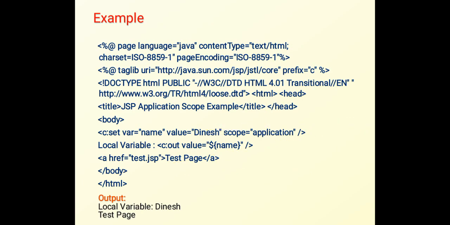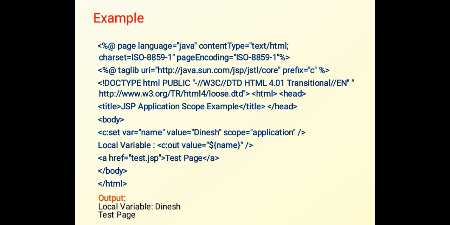In this example, again we are creating the variable named name and its value is Dinesh, but the scope is application. We are displaying the local variable and the value of the variable name, and again we have created a link test.jsp. The output of this file will be local variable Dinesh and test page.